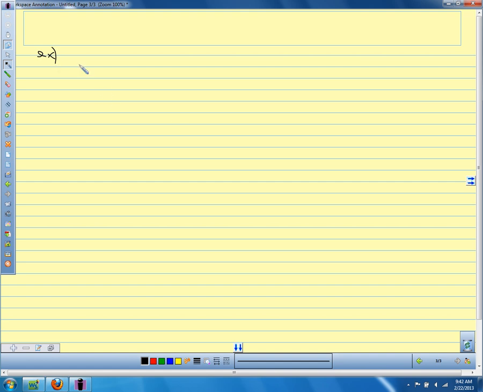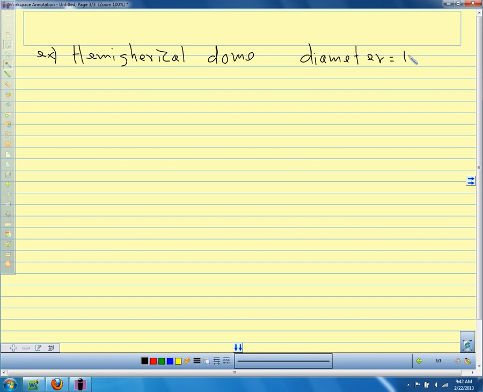So we have a hemispherical dome, and the diameter is 142 feet.